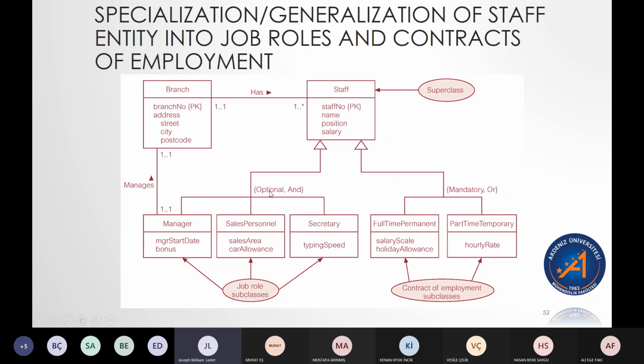Simply what optional means is I can be just this, or I can be one of these. Okay. And "and" means I can be more than one. Okay. So mandatory or for both of those characteristics would be the opposite. Mandatory means if I have someone who's one of these, then I must be one of these.